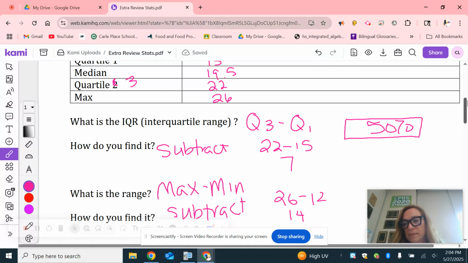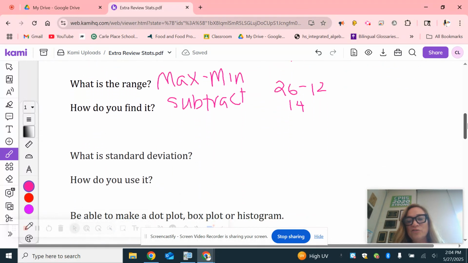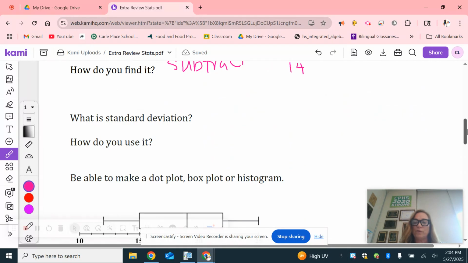Okay? Now, standard deviation, there's a really long explanation for it, but it summarizes how far things are away from the mean, okay? So it's basically a unit of measure of how far things are away from the mean.